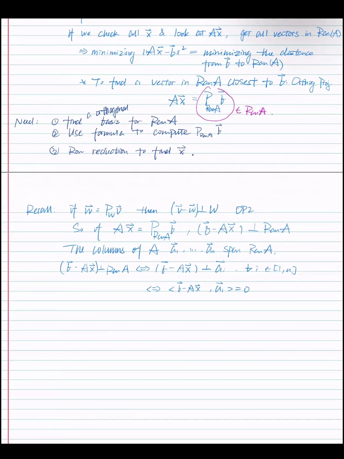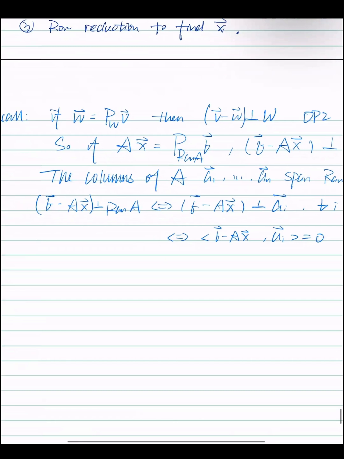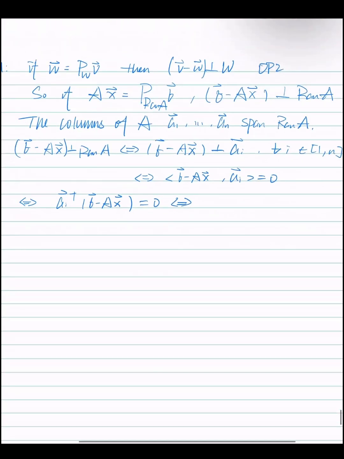Now we know how to compute the inner product. That's basically Ai dagger multiplied by B minus AX.